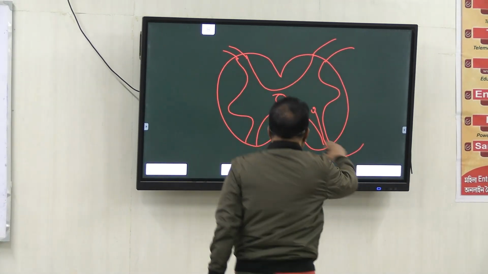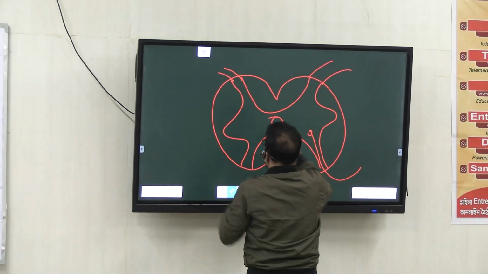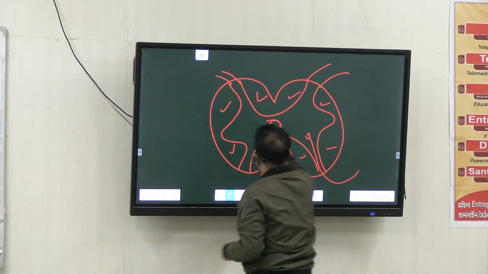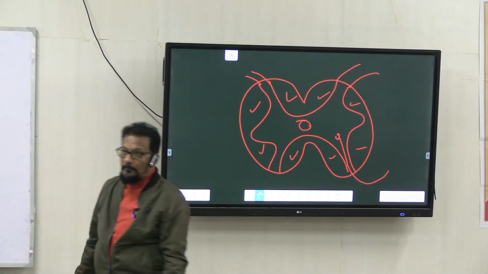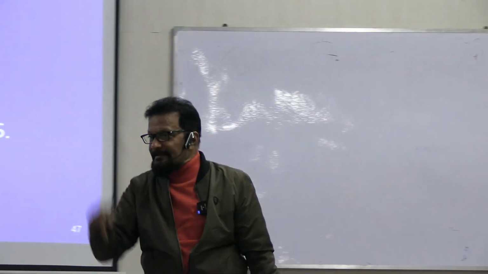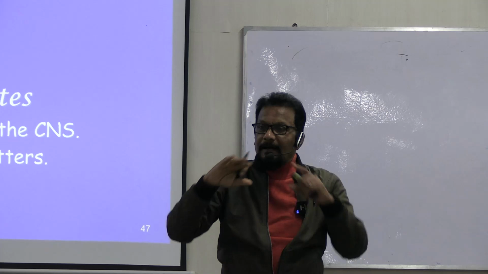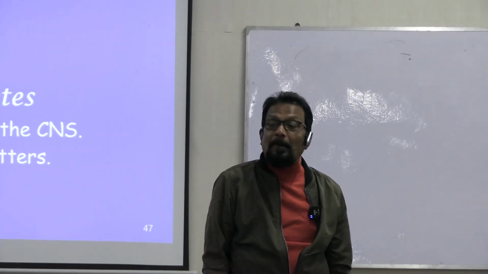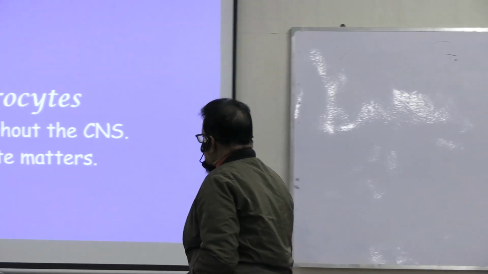And this area looks white. That's why it is white matter. The neurons present here have a myelin sheath. They are myelinated nerves.